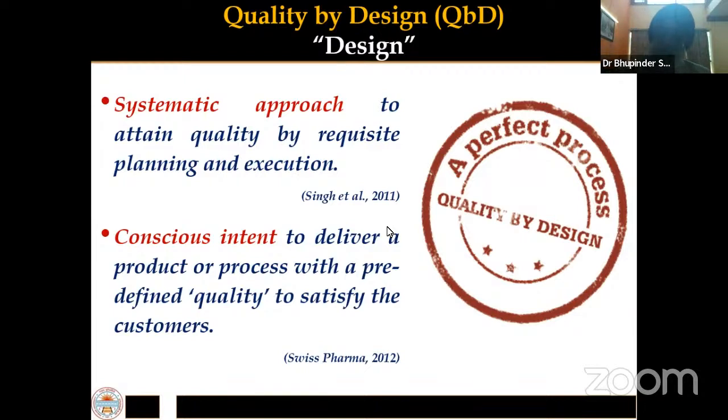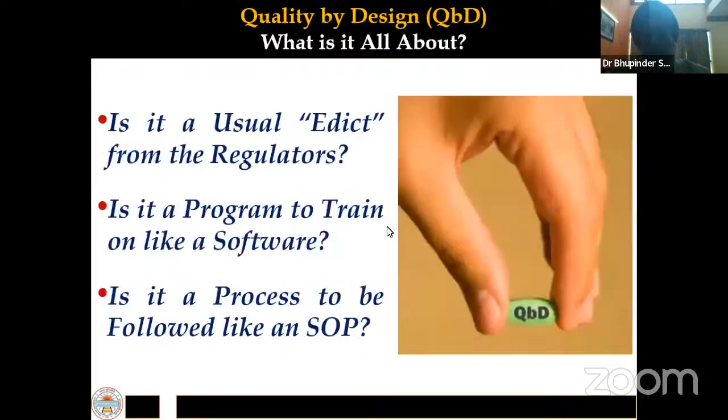So quality by strategy, quality by planning. If it is by planning, it's quality by design. So by requisite planning and execution, merely it is intent. Quality by design over here is not any experimental design. It is the intent. It is the plan.